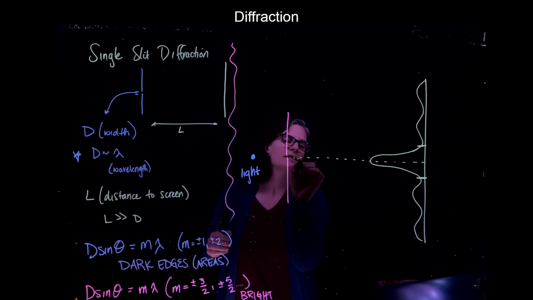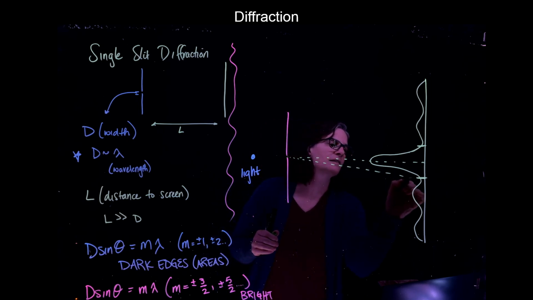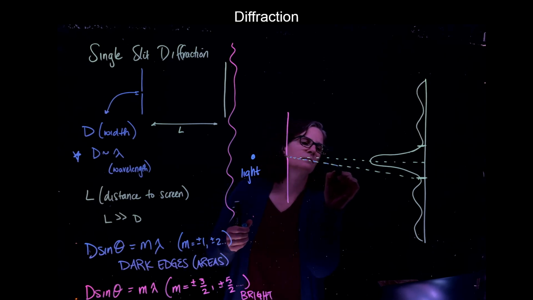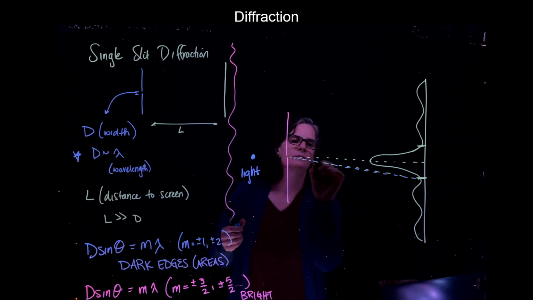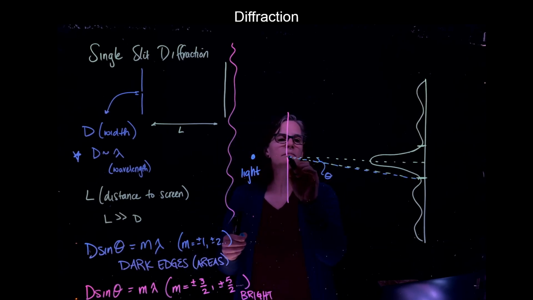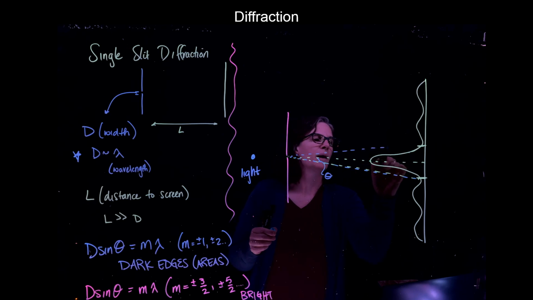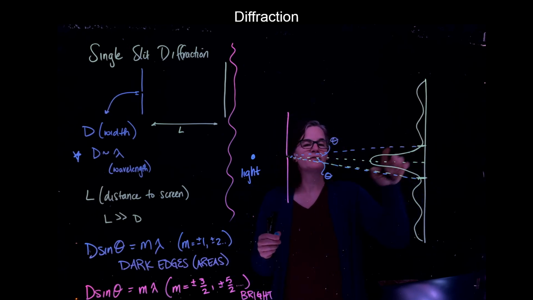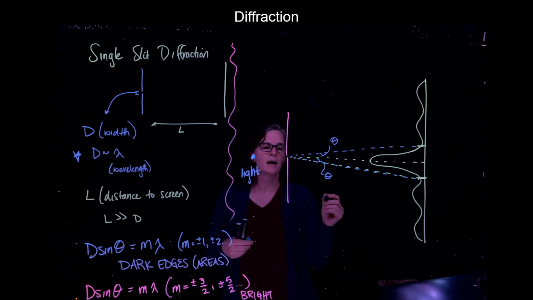This width, well, maybe it was a different color. This angle theta, that's to our first dark spot. On the bottom, this angle theta, which are identical angles, that's to that first dark spot on the top.